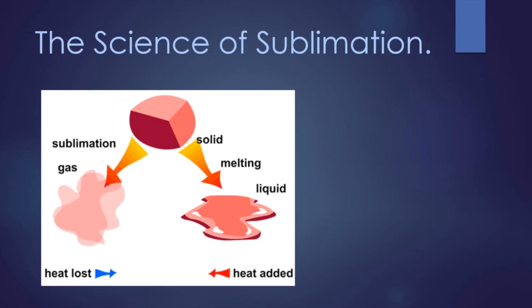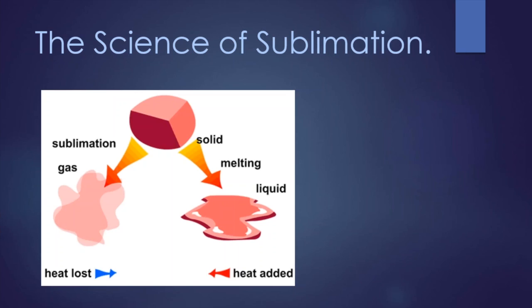Once we put that in the heat press on your substrate, like your shirt or anything like that, and you add heat at a high rate and pressure, it goes straight to a gaseous state. And then these gases attach to your substrate.